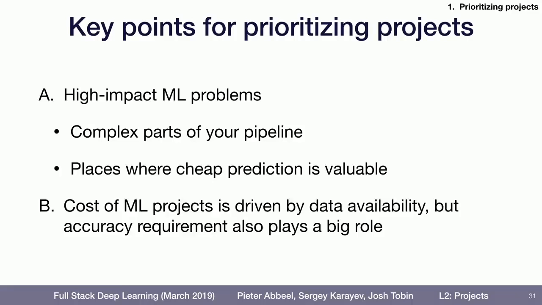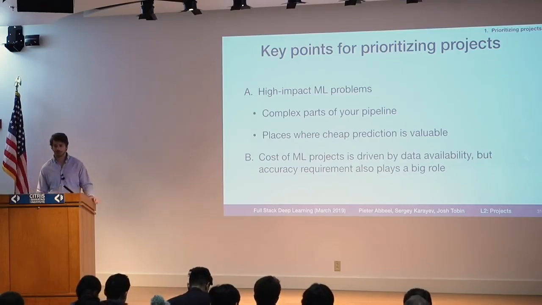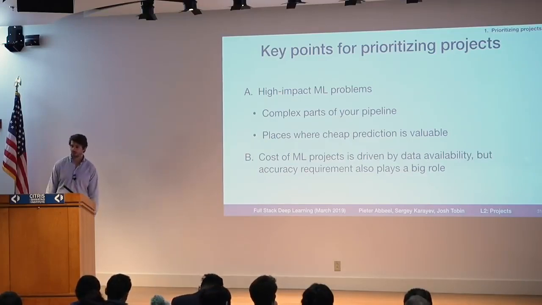And the other thing I want to talk about is assessing the cost of machine learning projects. So the other part of deciding which project is important or which project to choose. And here, I think this will be unsurprising to everyone, but data availability is kind of the main driver of cost for machine learning projects in general. But your accuracy requirement also plays a huge role.